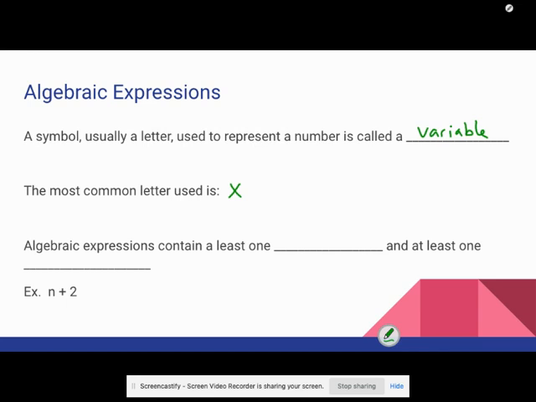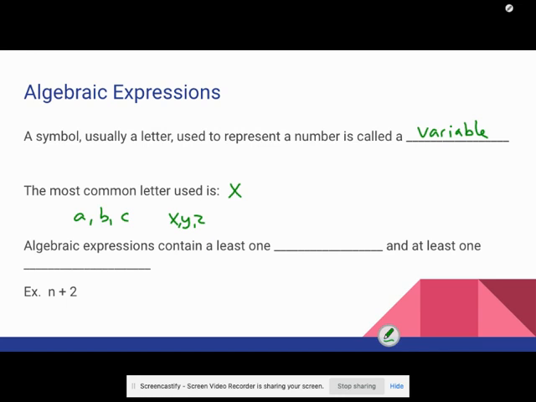A lot of times, those are going to be sequential letters like A, B, C, or X, Y, Z. So don't freak out when you see those today on your assignment.